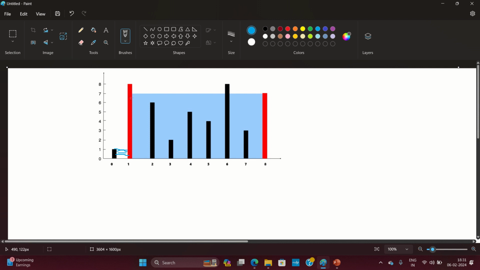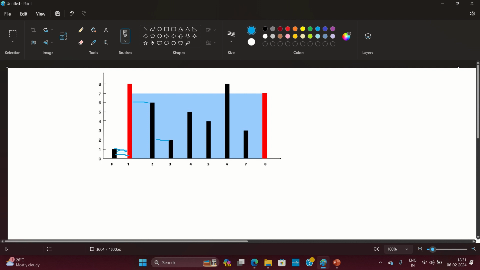If we pour in this section, the base would be 2 minus 1, that is 1, and the height is the minimum, that is 6, so 1 into 6 is 6 square unit. Same here, it has a height of 2, and 3 minus 2 is 1, so it's 2 square unit.